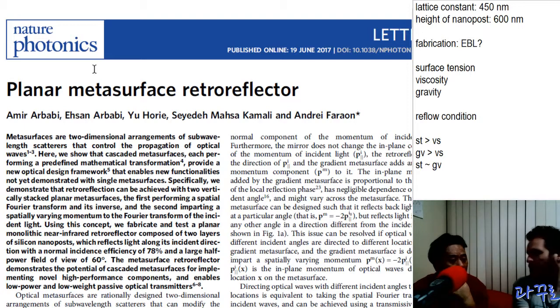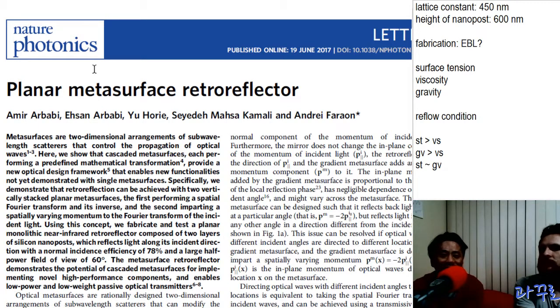Either that or rotated by 180 degrees. But that makes sense if you consider that the light is a three-dimensional vector. So if it is doing a direct momentum inversion in the plane of the device, then that should flip it in x and y.